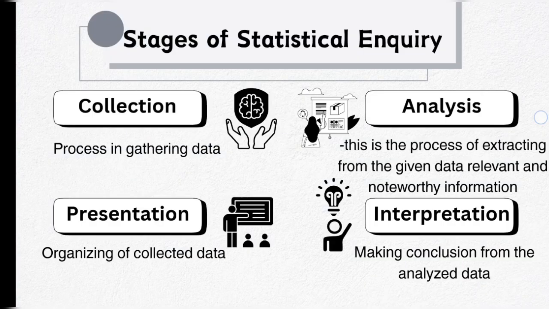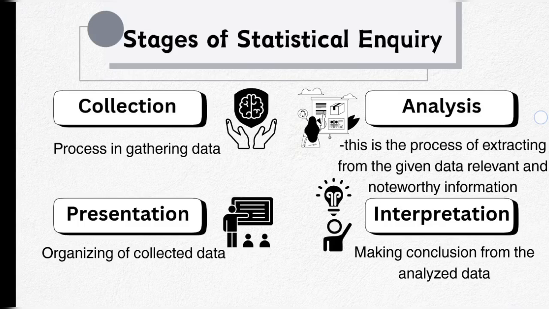So now, let us discuss the four stages of a statistical inquiry. So we have collection, presentation, analysis, and interpretation. Then let us discuss the collection. So collection is the process of gathering data. In collection, this is all about gathering data or information.